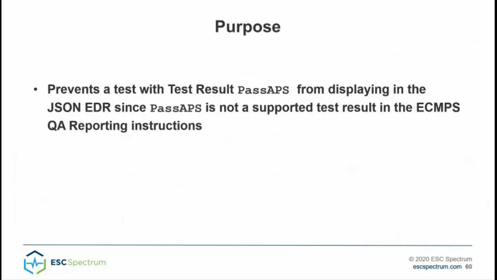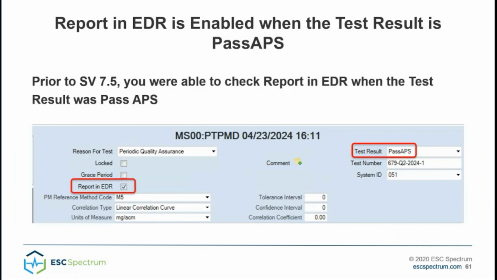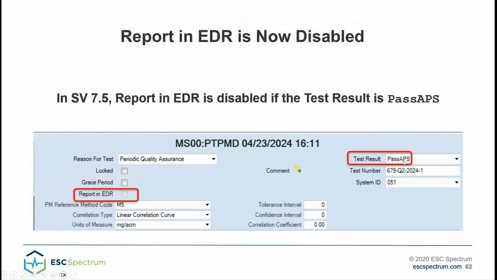So again, it prevents a test with test result pass APS from displaying in the EDR because it's not a supported test result by the reporting instruction. So before, there was actually a toggle here to choose whether you wanted it present or not when that test result's configured. Now it's actually disabled.